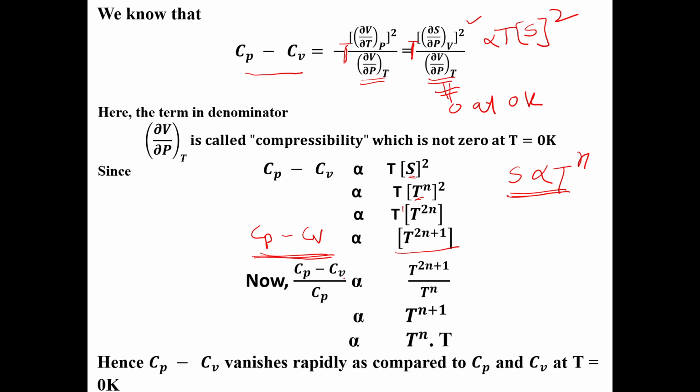Now (Cp minus Cv) divided by Cv becomes directly proportional to T raised to power 2n plus 1, and Cp, because Cp is directly proportional to S, which is directly proportional to T^n according to the power law. So on simplification, this fraction becomes proportional to T raised to power n plus 1, which can be written as T^n into T.